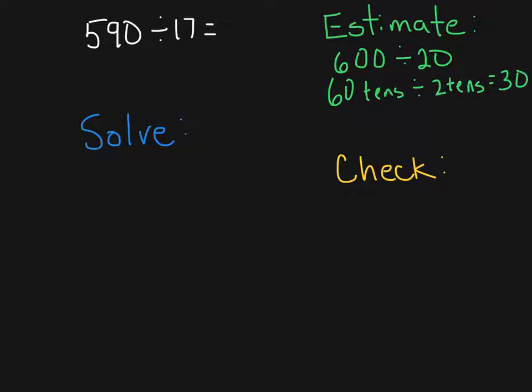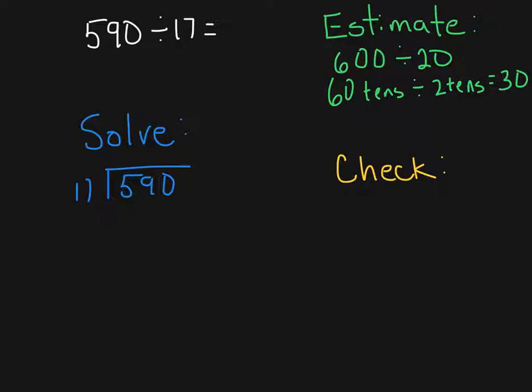So now when I move over here to my solve, I'm going to set it up 590 divided by 17, and I'm going to use this 30 to place my first digit.